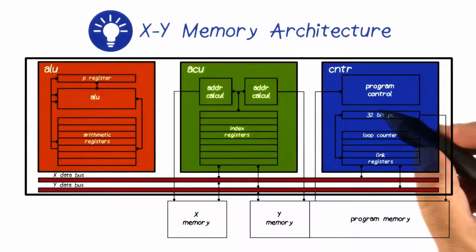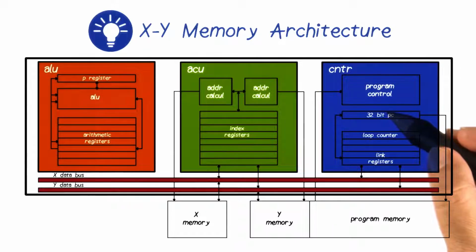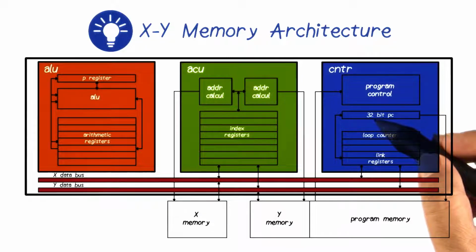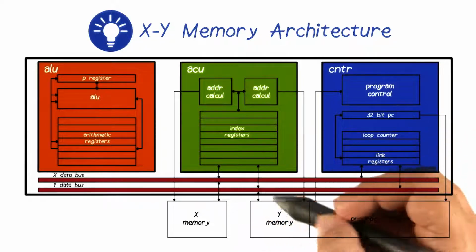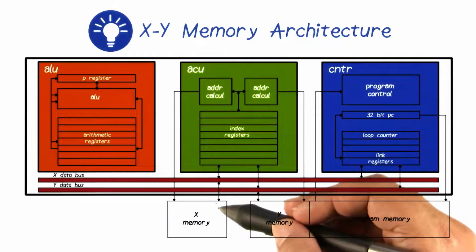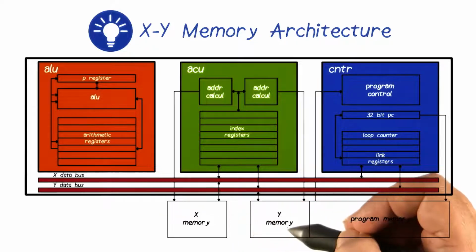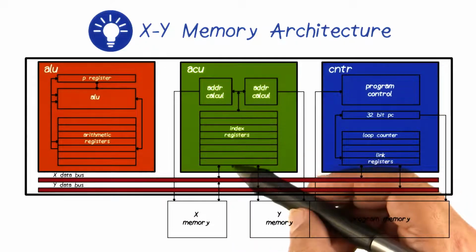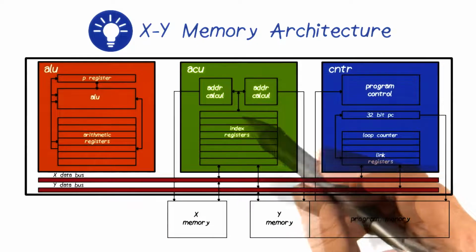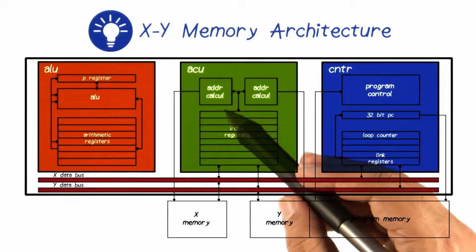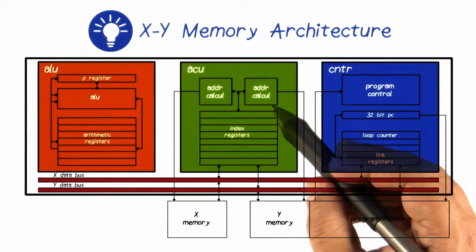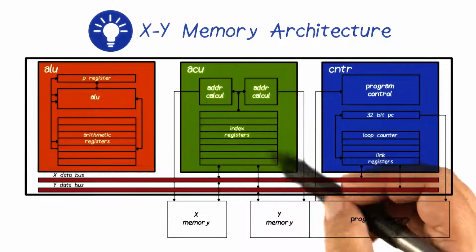So first, let's look at the XY memory architecture to understand how this works and how the parallel load stores execute. So what we have here are two parallel banks in memory called X memory bank and Y memory bank, and each one of them has its own address calculator. In other words, the address calculation for X memory and the address calculation for Y memory can proceed in parallel.